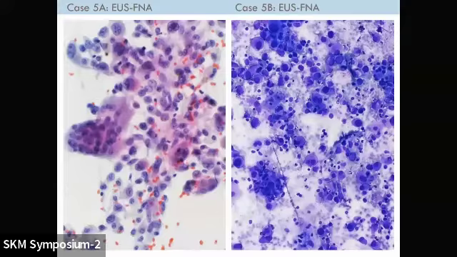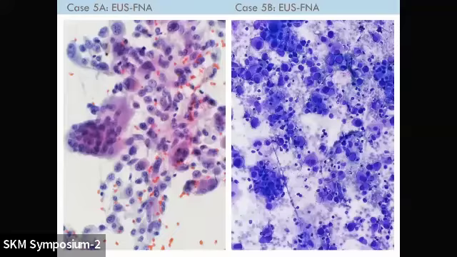These are the cytological preparations, and over here, this is the Pap stain smear that shows a very characteristic feature, as you can see over here, presence of these multinucleated giant cells, which have over 20, 30 nuclei. The background mononuclear tumor cell population shows a moderate degree of nuclear atypia.